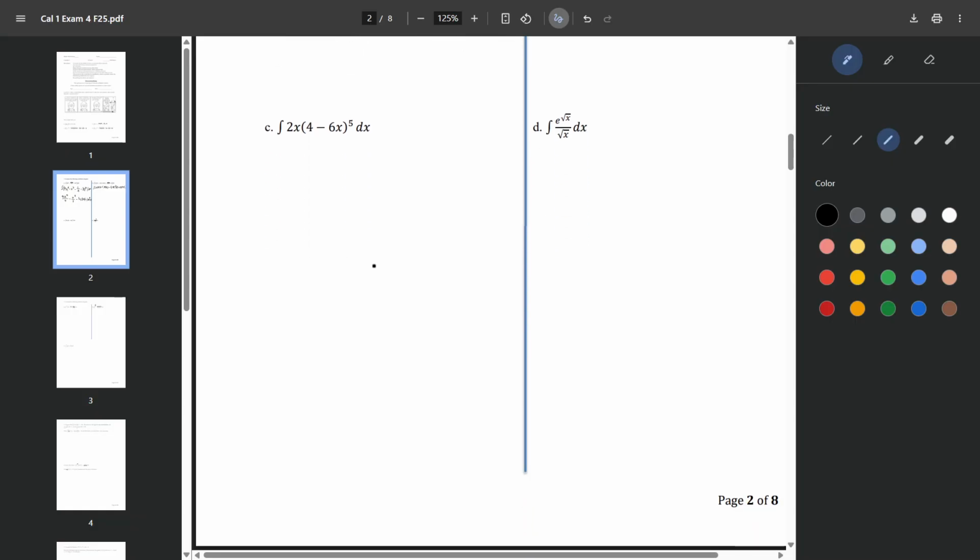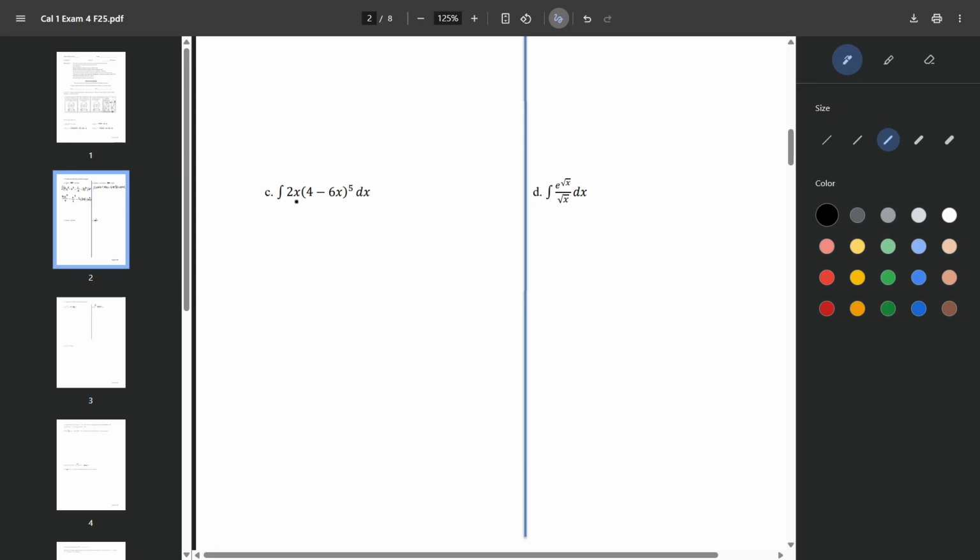Next up, C is the integral of 2x times 4 minus 6x all to the power of 5 dx. Now this one is a lot trickier because we have multiple x's. However, we'll use u substitution. For this one, we will let u equal 4 minus 6x.